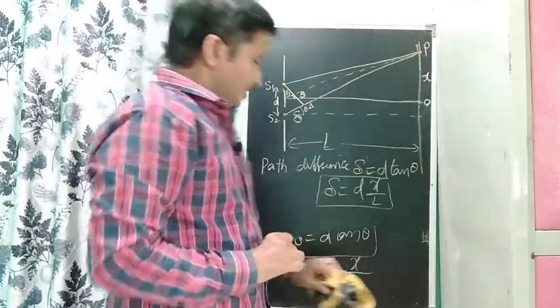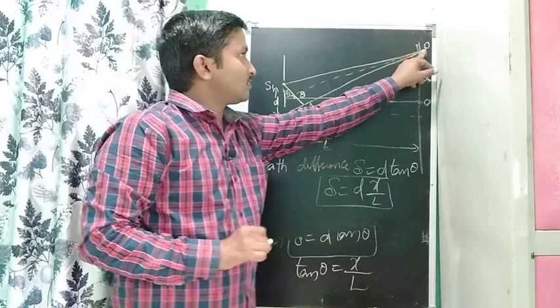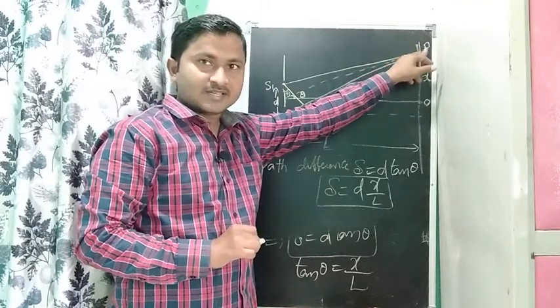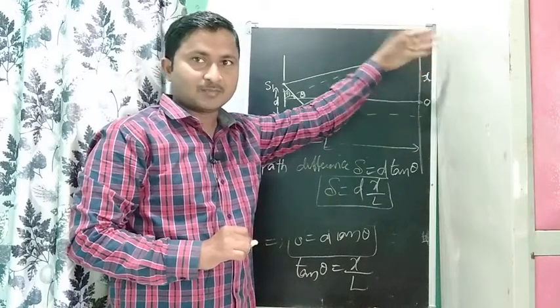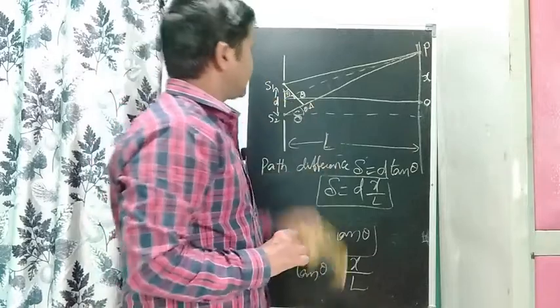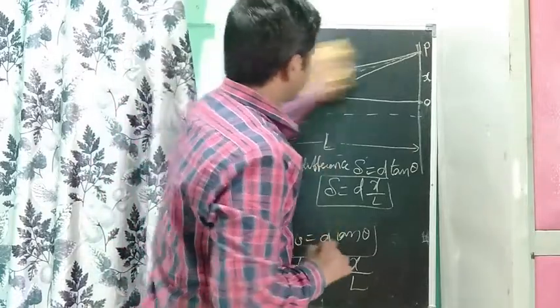Now suppose the point P is a bright fringe. What is the condition for formation of a bright fringe?